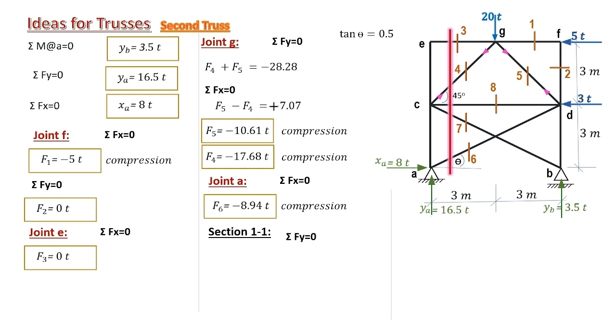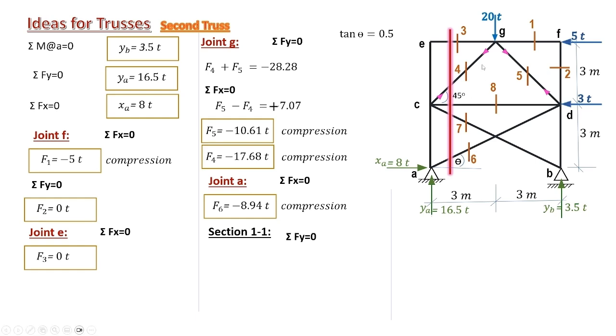Considering the Y direction, member 3 doesn't appear, member 8 doesn't appear, all horizontal forces do not appear. And we are left with the vertical forces in the cut members. So member 4 will appear in our equation, members 7 and 6.